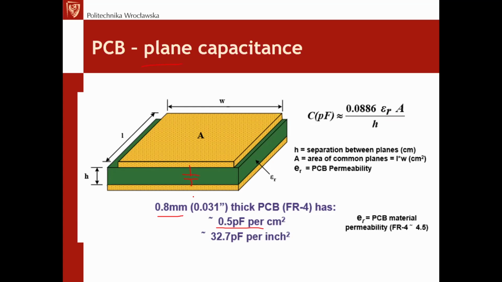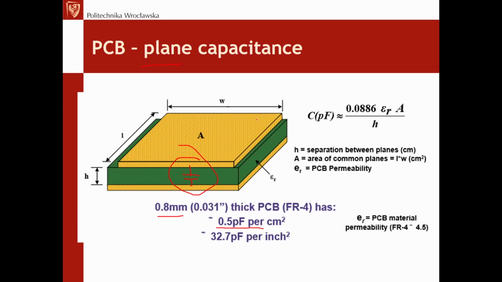Those picofarads seem not too much, but if we use a plane all over our PCB board, then this capacitance will go from picofarads to tens of picofarads, maybe hundreds, depending on the size of the board, and then the strength of the decoupling will be large.